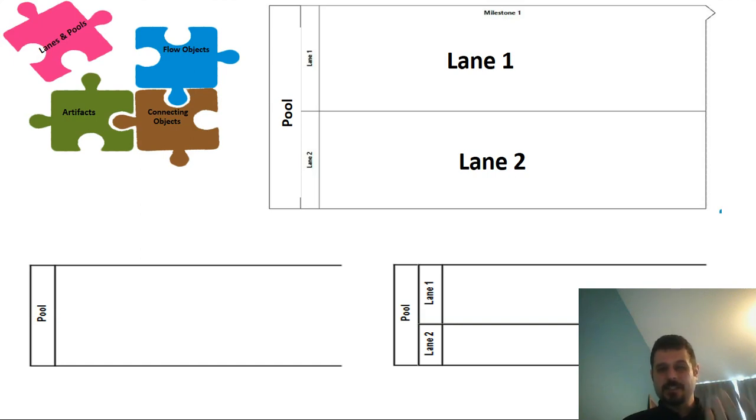How can we display that? First you should know this boundary is representative of the process that you are designing. If you need to connect to other processes and create a relationship, you can use another pool.